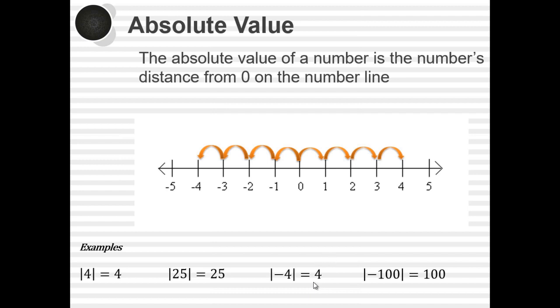Distance gyud siya, di ba? It's like talking about, for example, how many kilometers are there from Hilongos to Tacloban? Probably more or less 200 kilometers, no? Dili ka moingon nga ang distansya from Hilongos to Tacloban is negative 200, right?